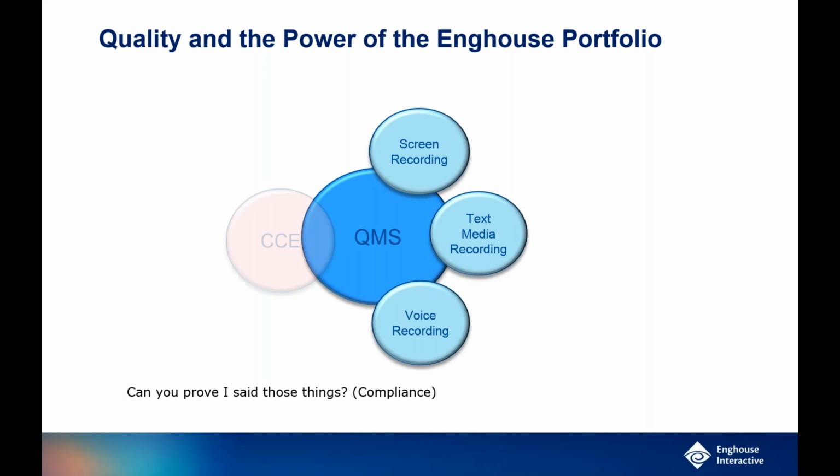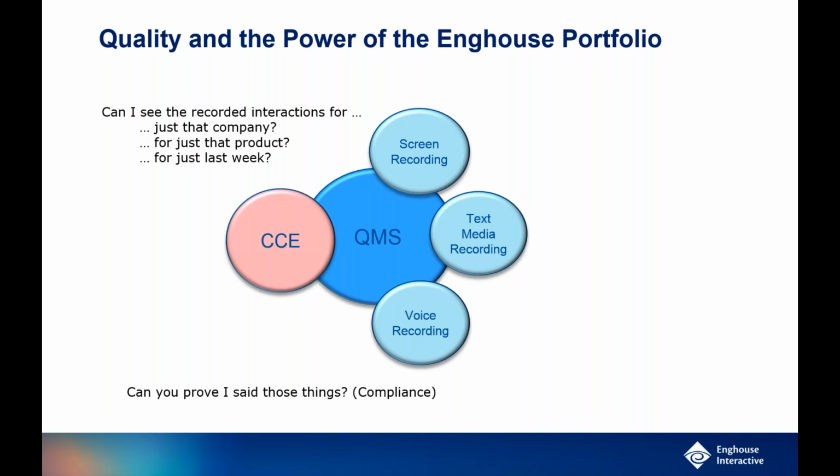But what do we need on top of that? In addition to just basic recording, if you tie this to the data that's stored in the CCE product, now you've got information about the customer and about the interaction that QMS doesn't have on its own, just listening to the media. So now I'm applying logic and intelligence that I've captured through CCE about the customer and the interactions to these recordings.